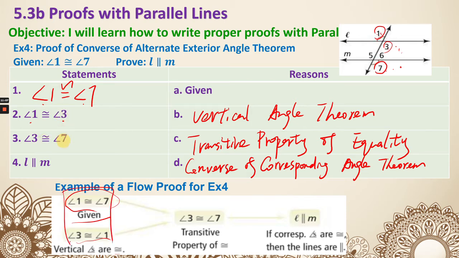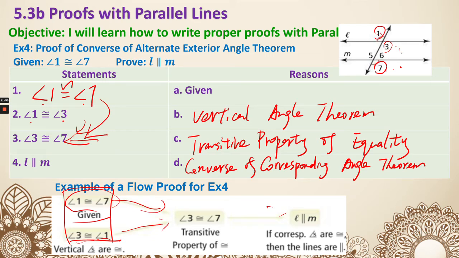Both of these put together give us step 3, which is why in a flow proof these two point to the next step, which is angle 3 is congruent with angle 7, and that is the transitive property. And then, of course, the last thing is the converse of the corresponding angle theorem. So you can see that the logic is the same, just the format is slightly different.